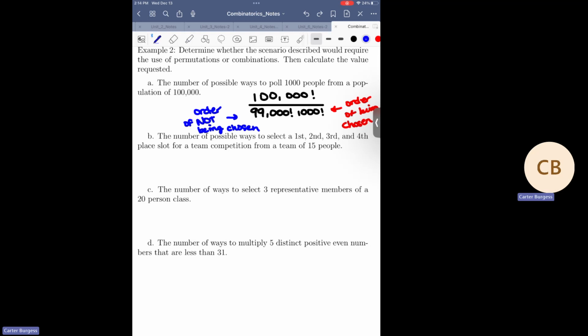There is a fundamental difference in the order in which we are being selected. All right, if that is the case, is this an example of a permutation or combination? Permutation. And so with permutation, I am going to divide out the order of those who were not selected, but I'm going to leave behind the order of those who are selected.